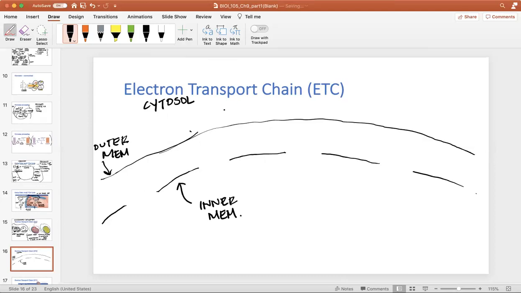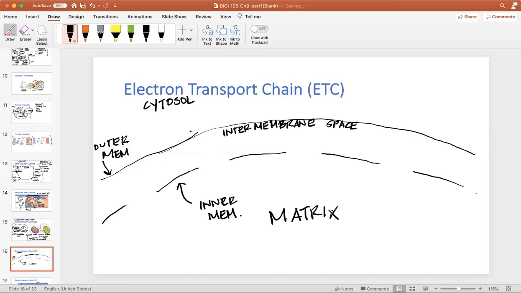Okay, this then becomes the intermembrane space. And this becomes the mitochondrial matrix.